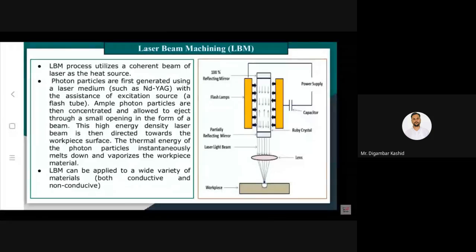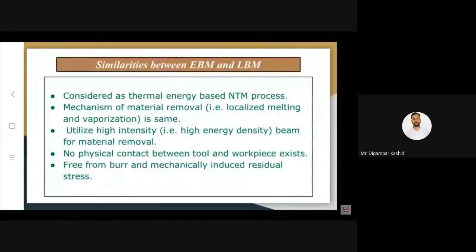Now there are various similarities and differences between these two processes, EBM and LBM. Now let us discuss the similarities between this EBM and LBM process. So first point is both EBM and LBM are considered as thermal energy based non-traditional machining processes.